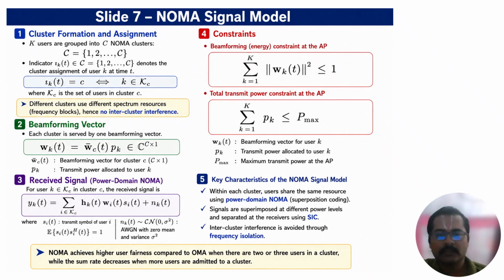Within each cluster, users share the same resource using power domain NOMA. Signals are superimposed at different power levels. Inter-cluster interference is avoided through frequency isolation. So you have a channel model and signal mathematical model. Let's go to another slide.